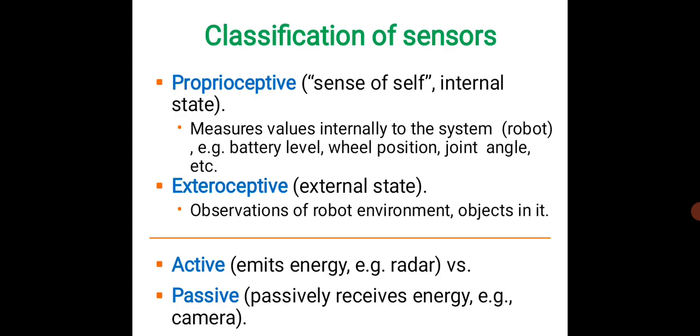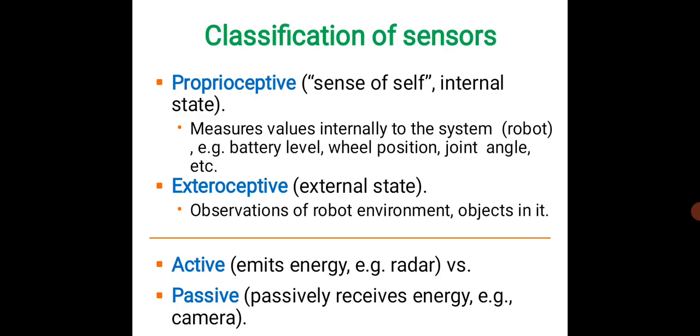Here we have proprioceptive and exteroceptive, which define an internal state or an external state. The first measures values internal to the robot, for example wheel position, joint angle, battery level.